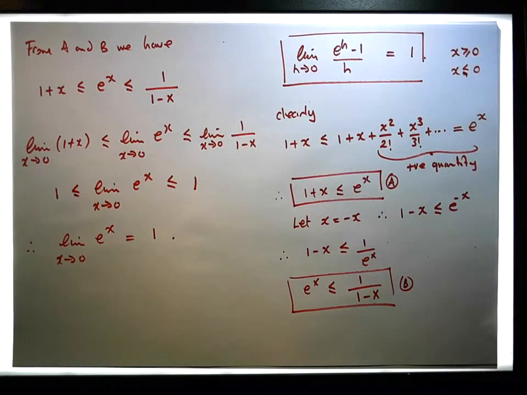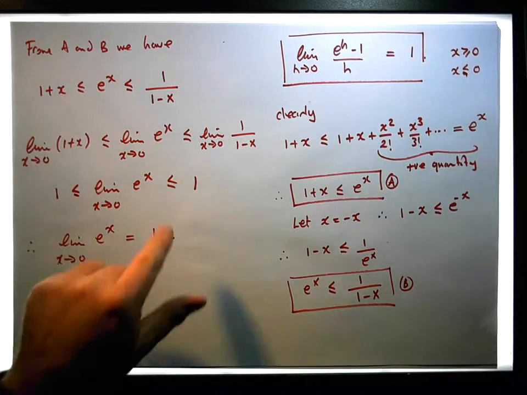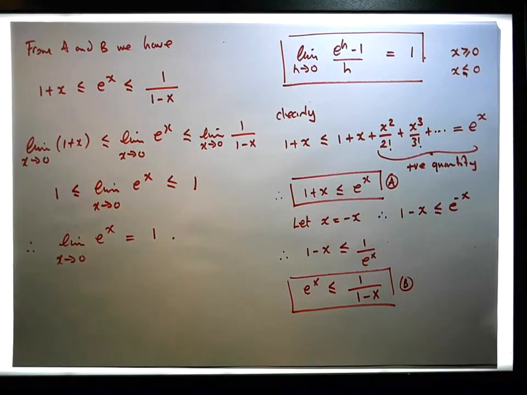Did I do the appropriate thing here? Maybe I didn't. Let me just check here. What we've sort of proven here is that this thing here is tending to 1. Is that what we really required?